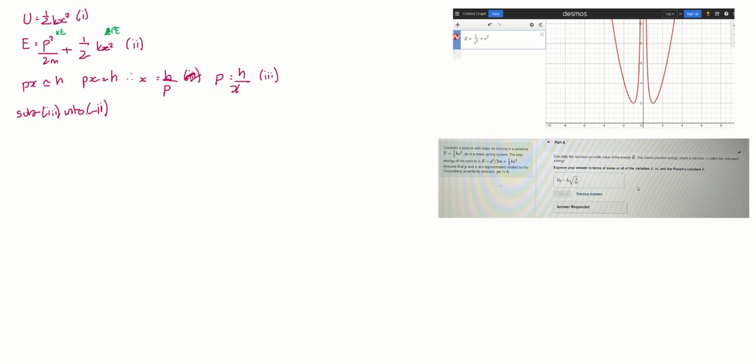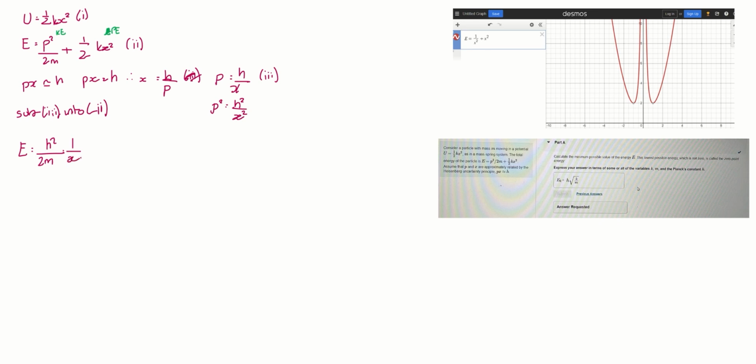So if we stick that in the equation, we know that p squared equals h squared over x squared, and we can stick that in there. So now what we have is E equals h squared over 2m, and I'm writing in this format because these are all constants, times 1 over x squared.